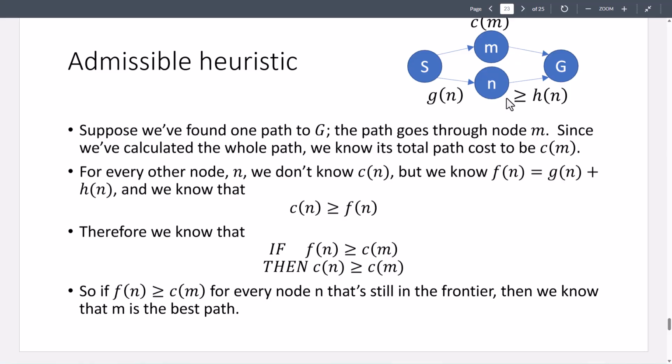Consistency, or monotonicity, is a stronger condition. It's more like a triangle inequality. It says that for every node n and its successor n prime, that means a child of node n, h of n is upper bounded by cost of n to n prime plus h of n prime.